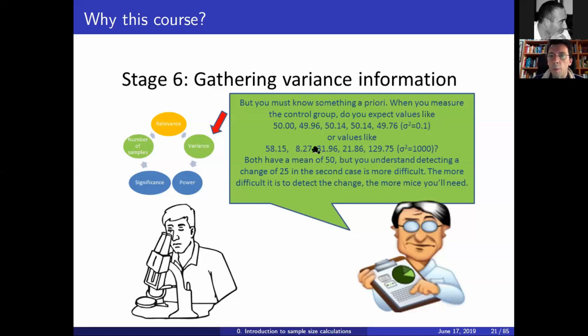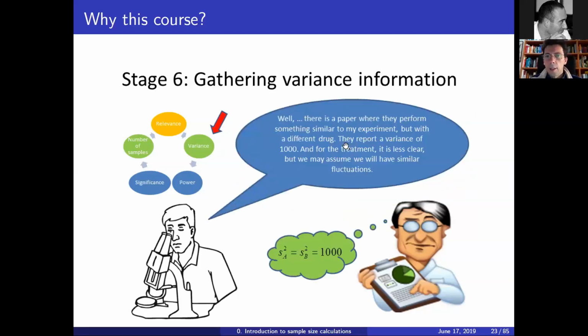So our target was 25, and there are animals below 25. And so the variance is 1,000, and for the treatment, it is less clear. We can assume that we have kind of similar fluctuations, but we don't know.